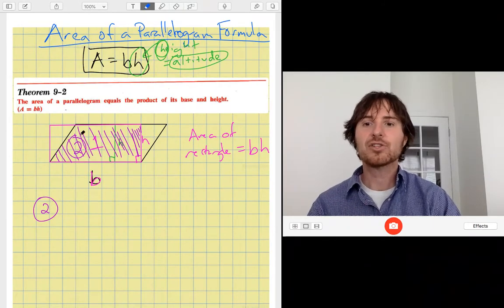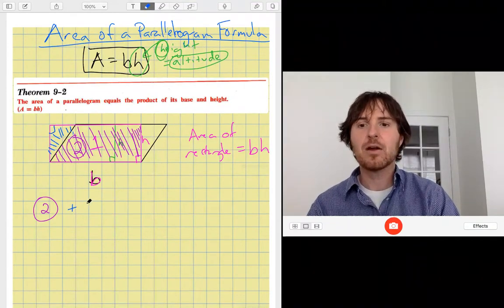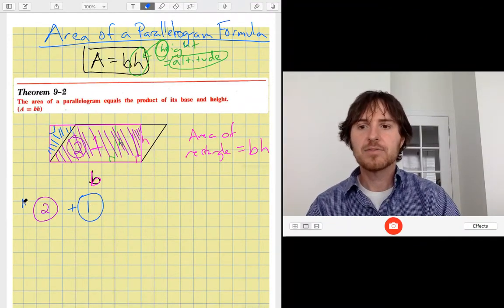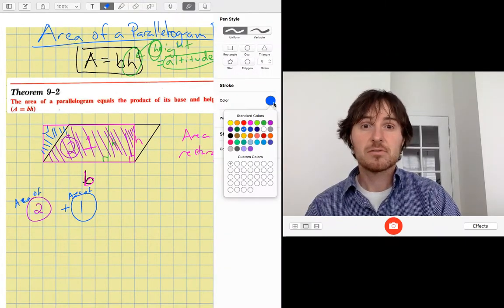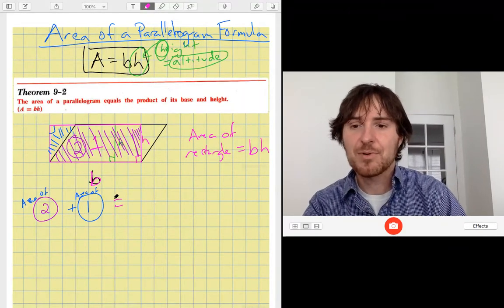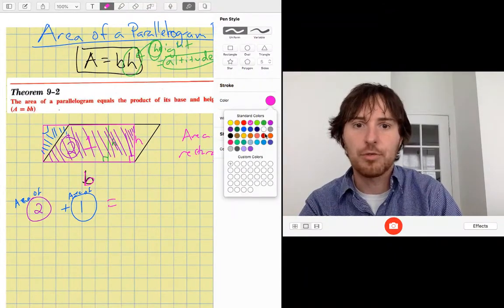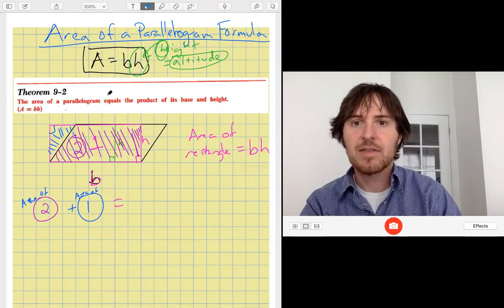We can say that 2 plus, here we have a right triangle up here, plus the area of 1, equals, wait, what am I telling everyone? Area of 2 plus area of 3, I want to make this region 3 here, by the area addition postulate.